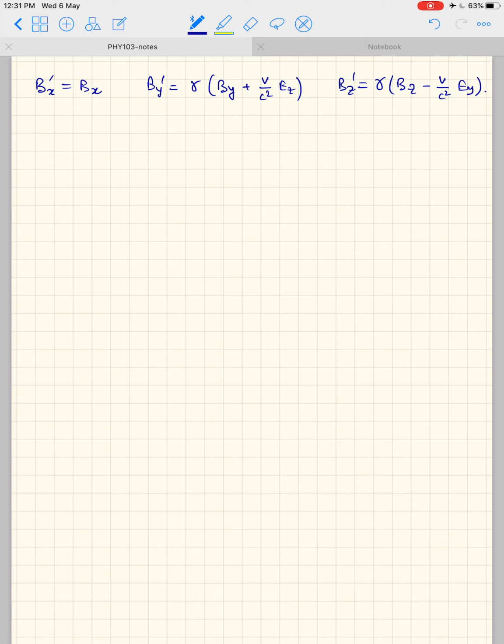So let's write down the magnetic vector. This is gamma eta V divided by 2 pi epsilon naught C squared (Y squared plus Z squared). And now the entries have changed a little bit.